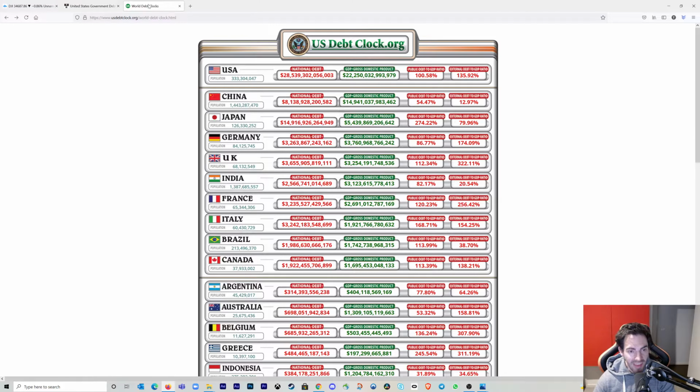And we can compare that to other countries as well. So you've got the US at 28, China about 8, Japan is close to 15. And then if you look at Australia, we're about $700 billion in debt. And you can see in comparison, we've got the GDP next to it as well. So there's a lot of factors that we have to think about.